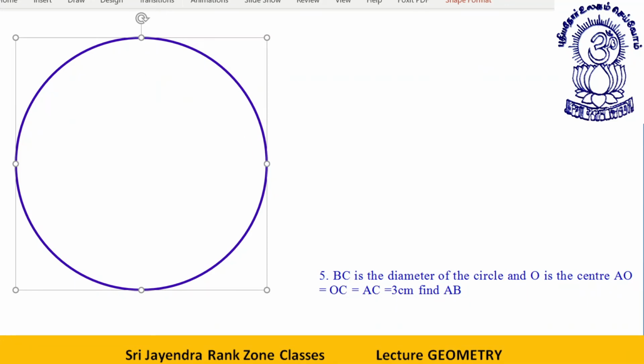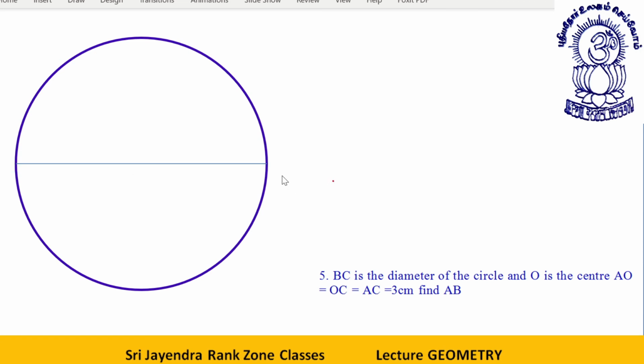BC is the diameter of the circle. The next thing is OC, AC, all are 3.